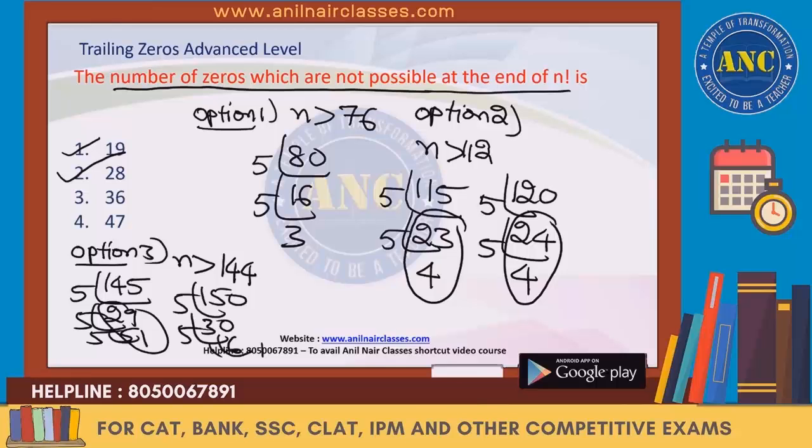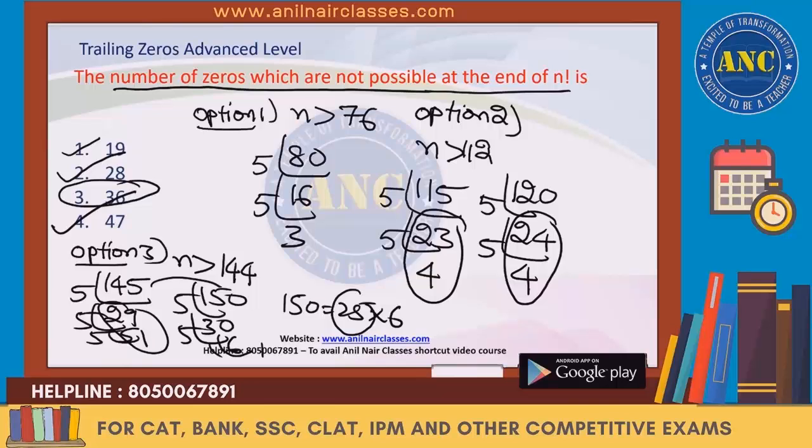Directly from 35 to 37 there will be a jump. Why? Because 150 is 25 into 6. So 36 is not possible. That means if you check, 47 is possible. I hope the idea is clear.